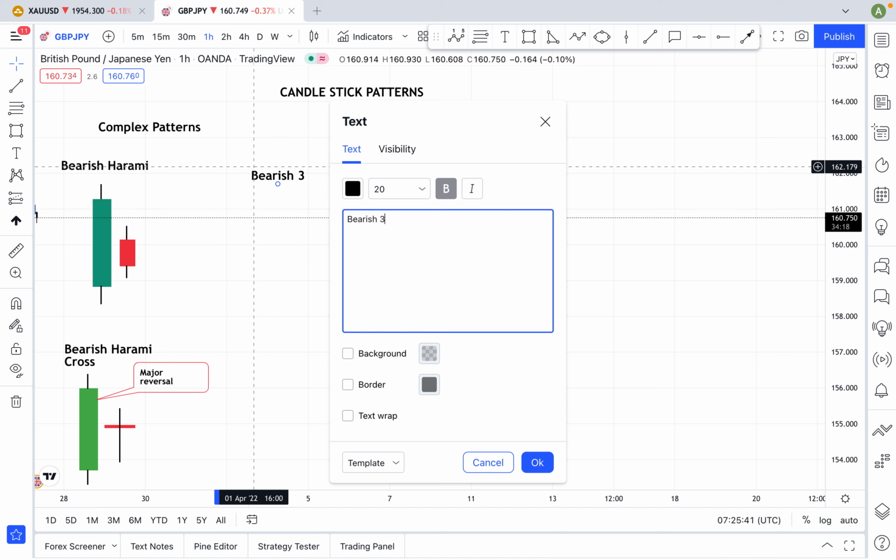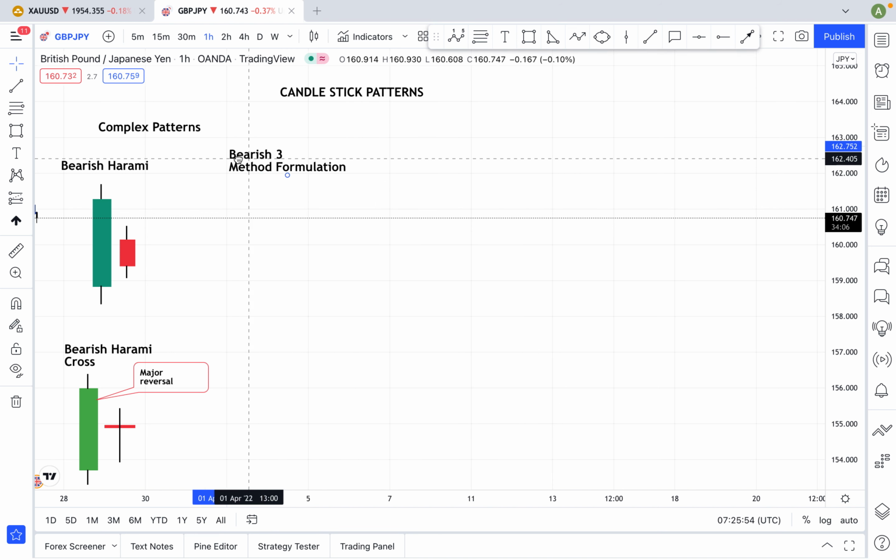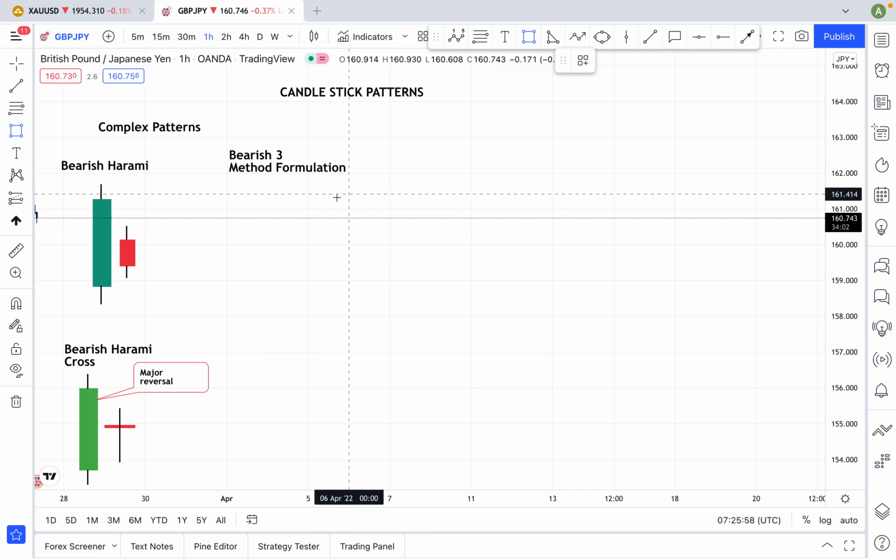Bearish three method formation. Whenever you see this, it's going to be something of this nature.